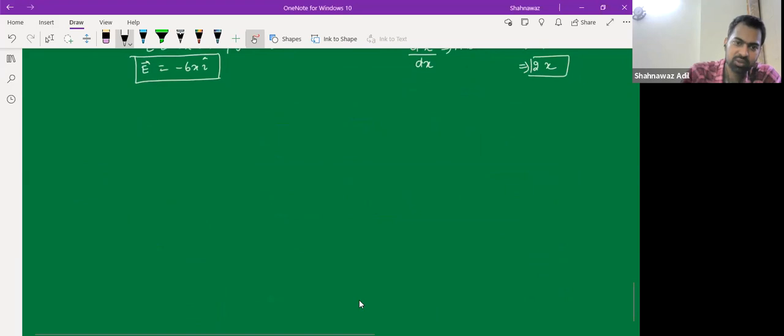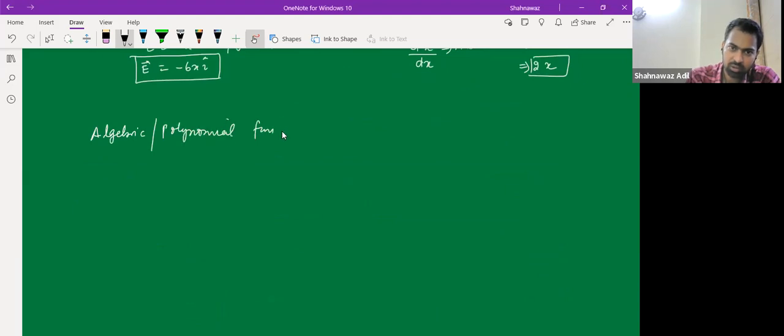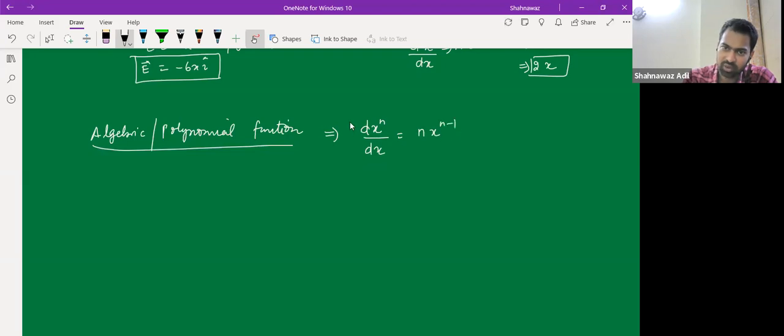Okay. So we have 4 special functions. First is the algebraic or the polynomial function. For an algebraic function, the differentiation, as I talked about before, is simply n x to the n minus 1.